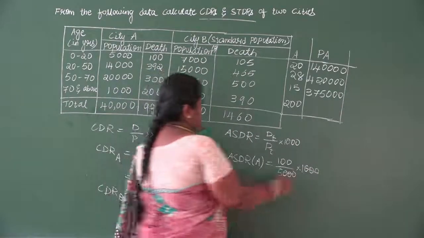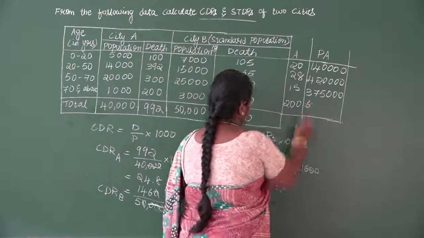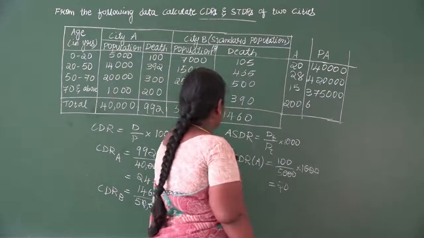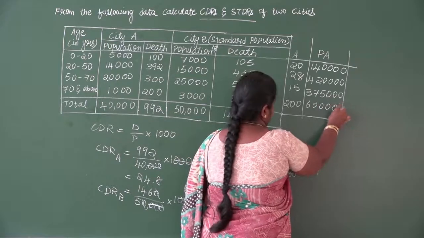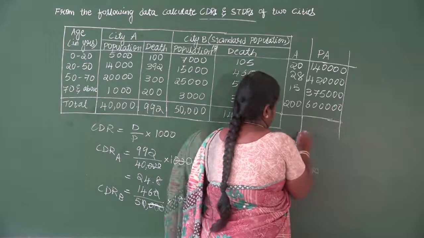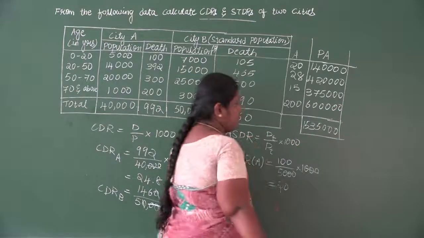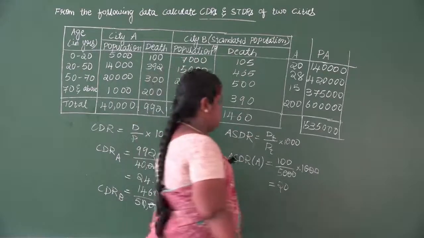3,000 into 200. So multiply the numbers. So 3 into 2 is 6. Then we have got 5 zeros. Mention those 5 zeros. Do the total. So we'll get 1535 and 3 zeros.